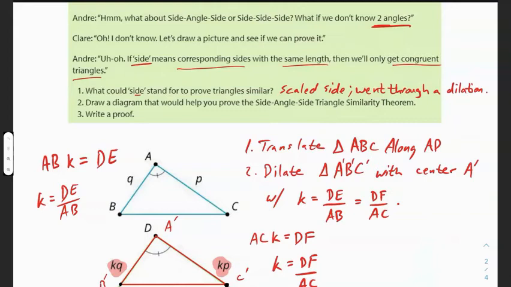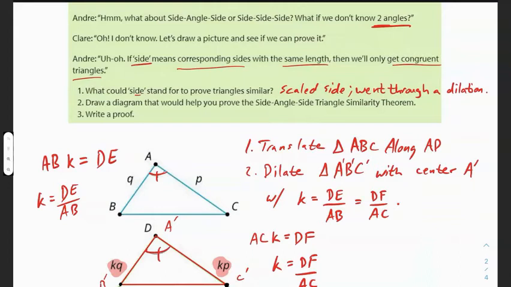Okay, so is there a sequence of rigid motions and dilations that take triangle ABC to triangle DEF? Yes. But the triangles need two pairs of scaled sides and an angle between them. So you have angle A for sure, angle D for sure, but you have to have the two scaled sides.